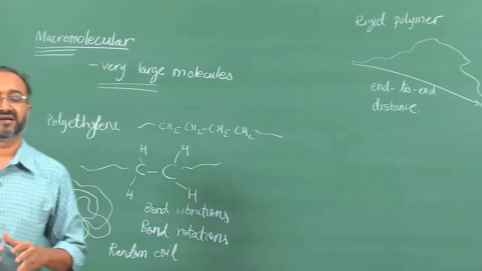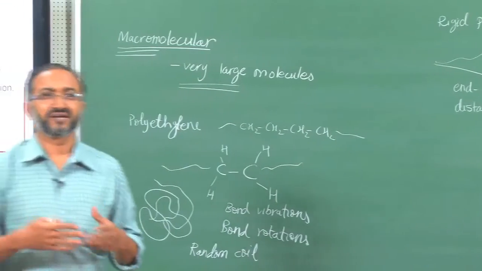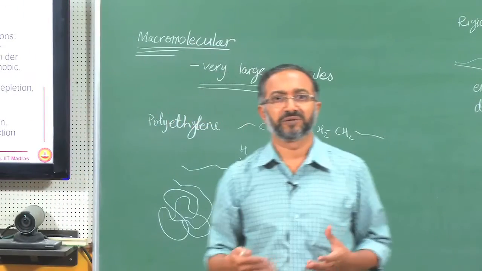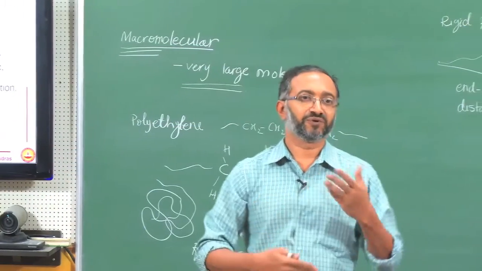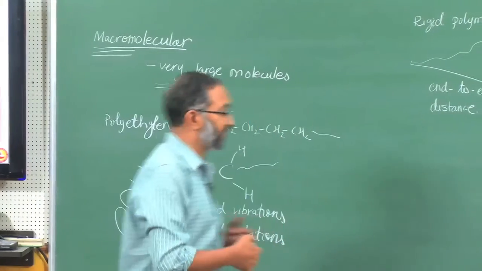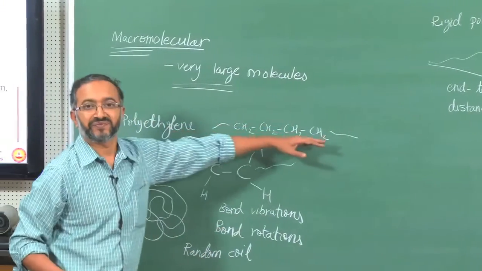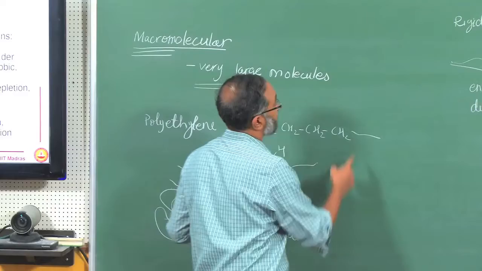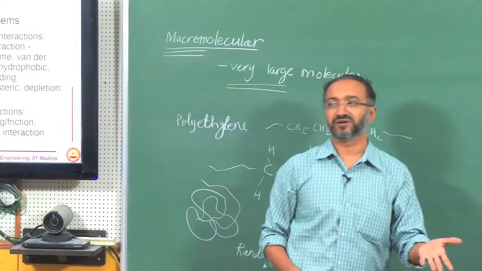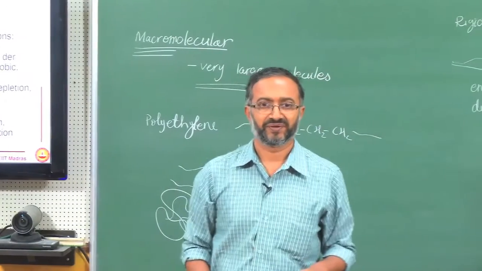Bond level information relates to the flexibility of the polymer macromolecule, the ability of rotation, and how the backbone, this is called the backbone, right, is. So, how the backbone bonds are will decide whether you have a flexible macromolecule or a rigid macromolecule.